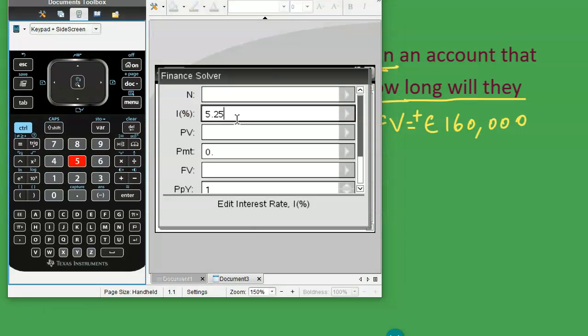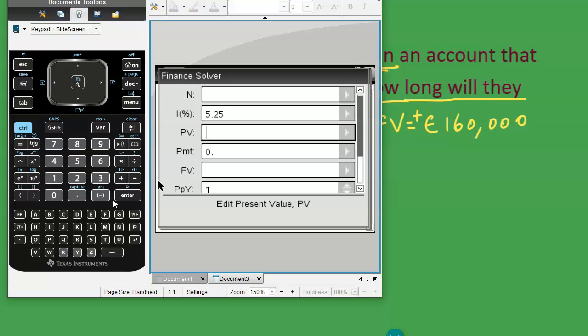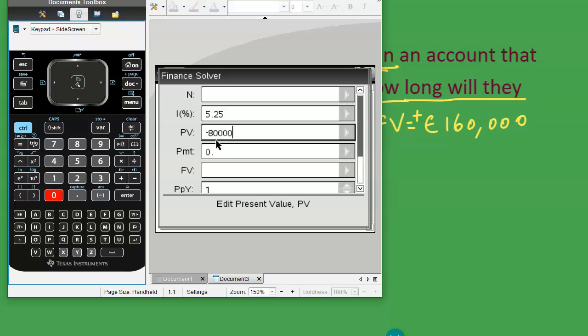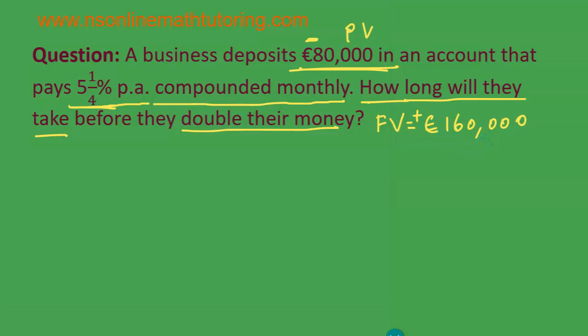So this is 5.25% per annum. This one is negative 80,000. The future value can be seen over here, 160,000 euros.